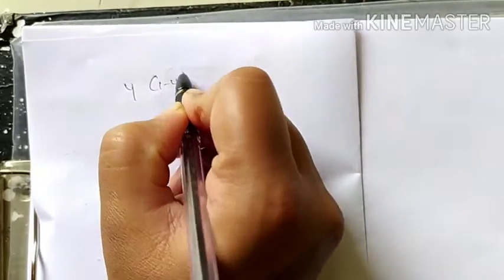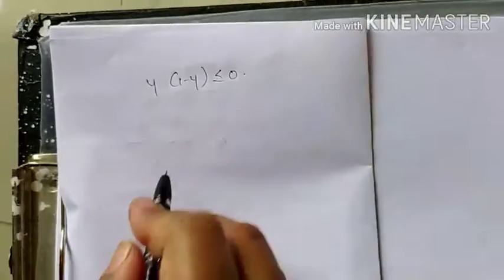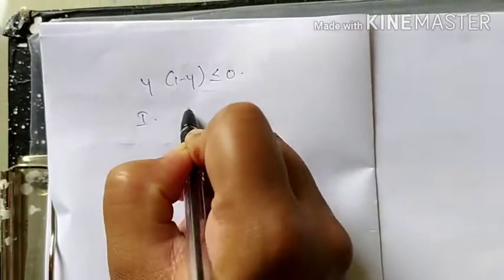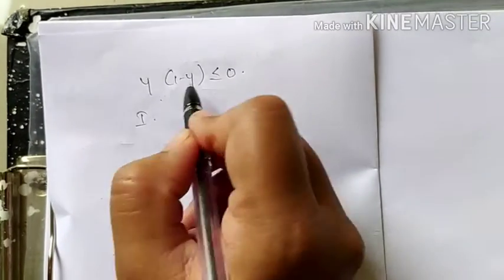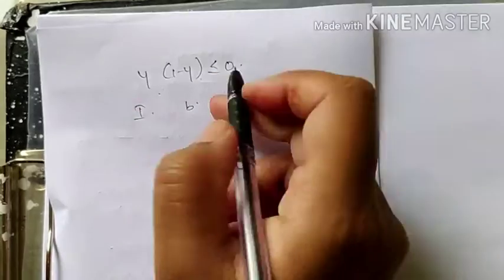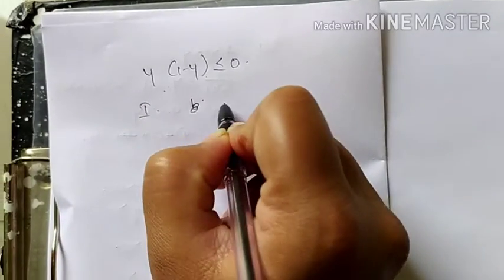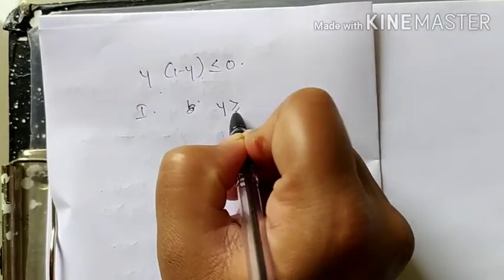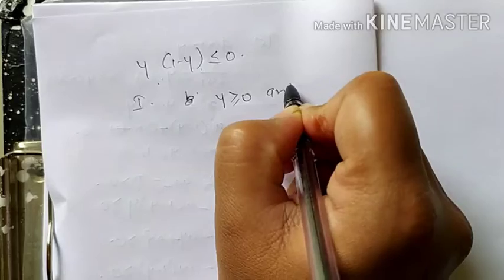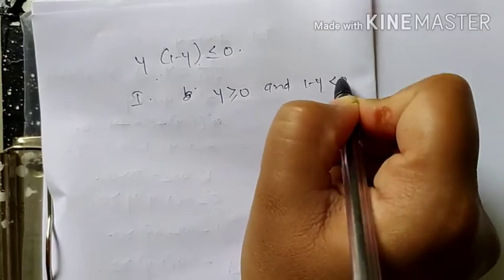See student, what we have: y into 1 minus y is less than or equal to 0. So the first case, here we cannot take both negative or both positive also. So first, either y greater or equal to 0 and 1 minus y less than 0.